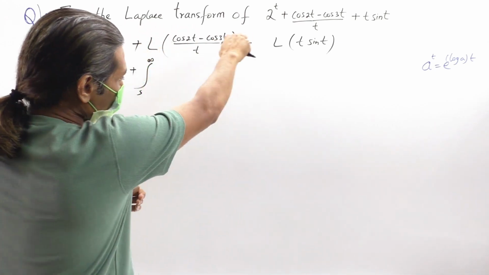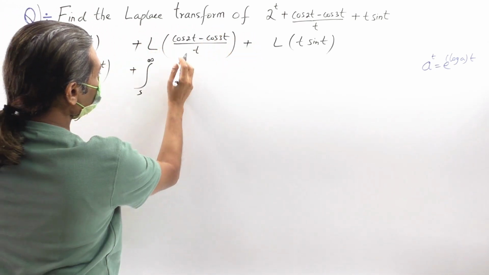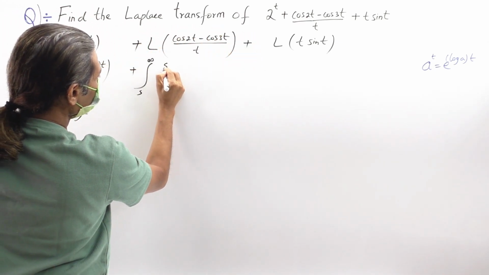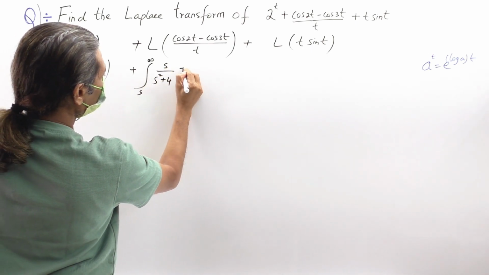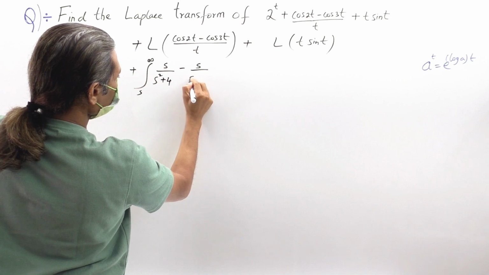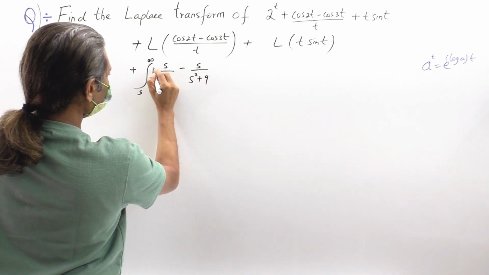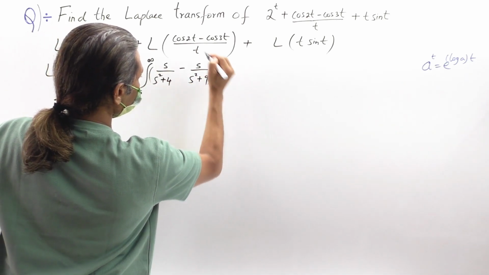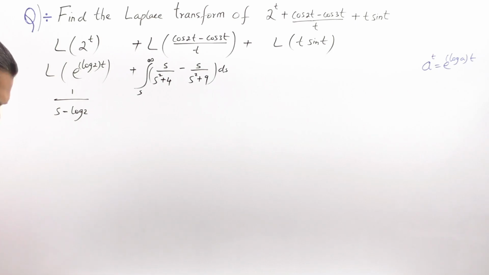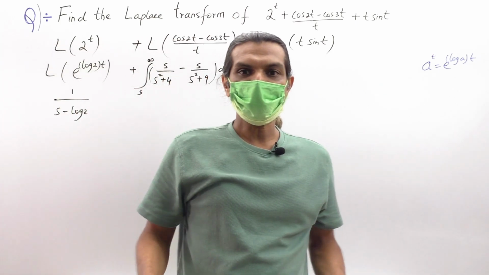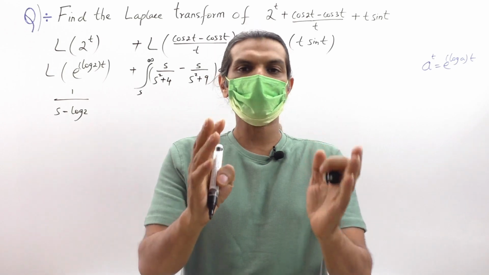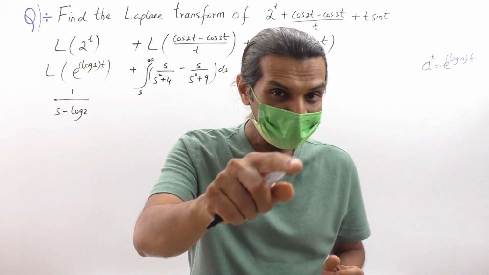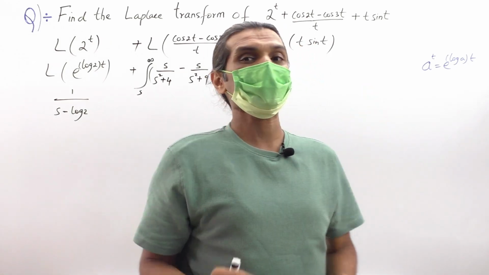Okay, so here only numbers are given. So integral from s to infinity, Laplace of cos 2t is s by s square plus 4 minus cos 3t is s by s square plus 9, into ds. So let's first solve this. The direct integration formula you are aware of: integration of s by s square plus a square is 1 by 2 log of s square plus a square.